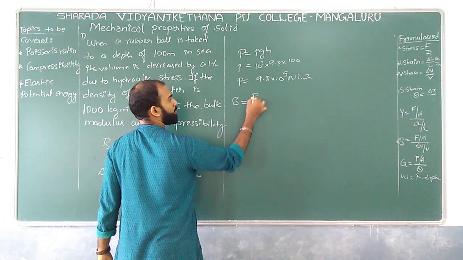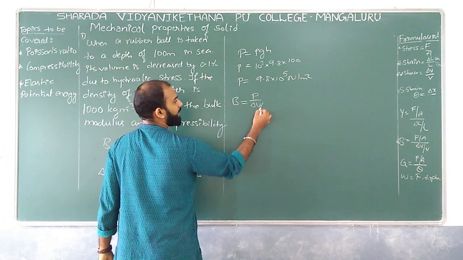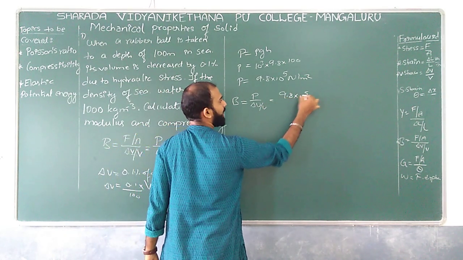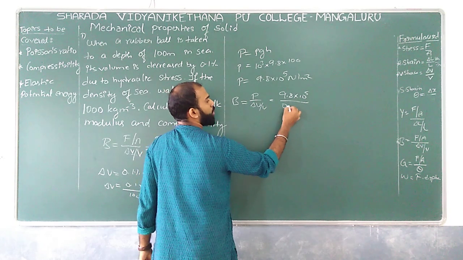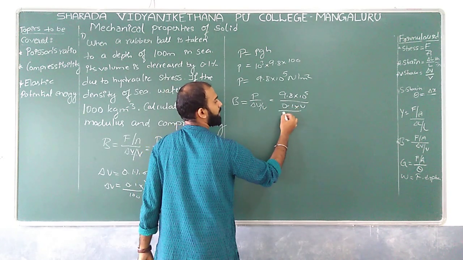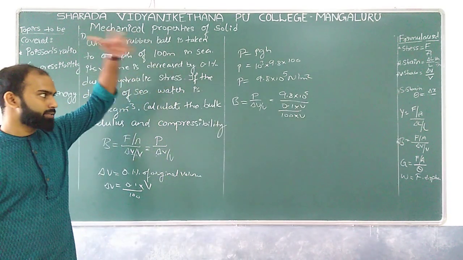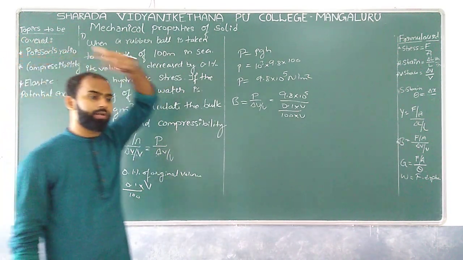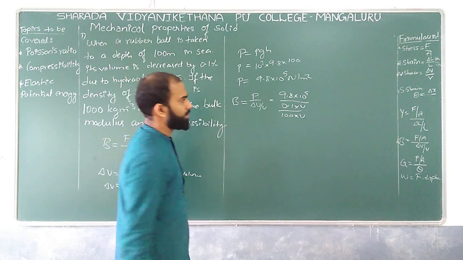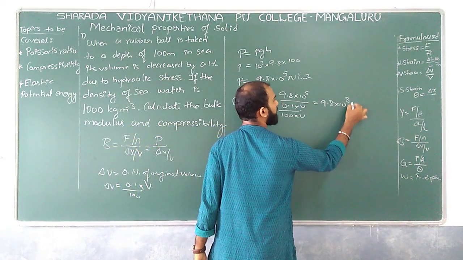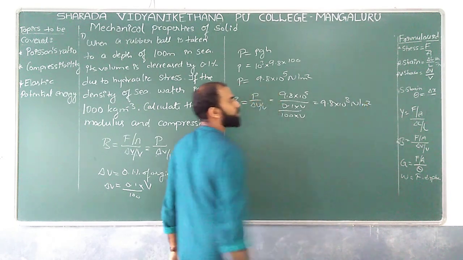Bulk modulus is equal to pressure divided by delta V by V, which is 9.8 into 10 to the power 5 divided by 0.1 into V divided by 100 into V. V will get cancelled. So what is remaining over here? Bulk modulus is 9.8 into 10 to the power 8 Newton per meter square.